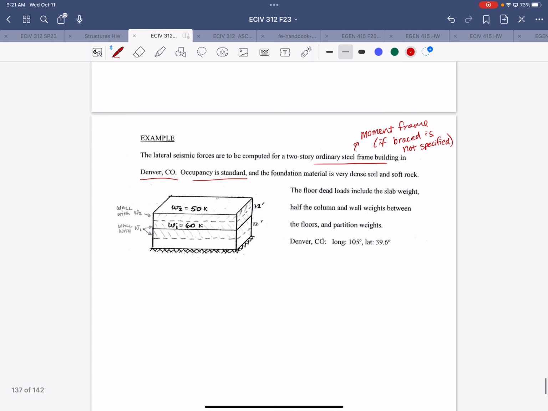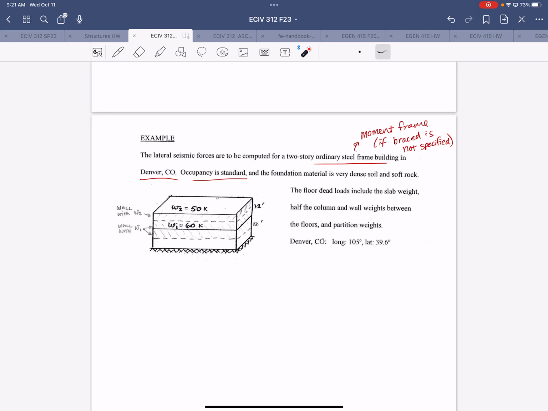And then we're given information about the soil at the site, right? So it's very dense soil and soft rock. We're told that the dead loads that are provided here, 50 kips and 60 kips, include the slab weight, half the column and wall weights between the floors, and partition weights. So you don't have to worry about all those details. In this class, you're not going to be asked to determine what the seismic weight is of a structure.